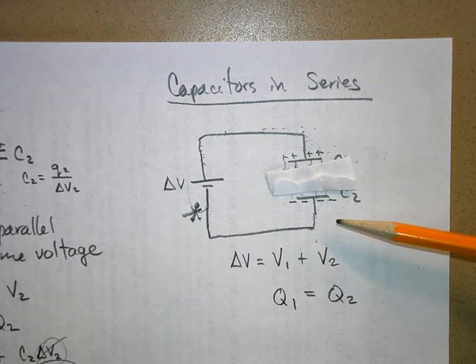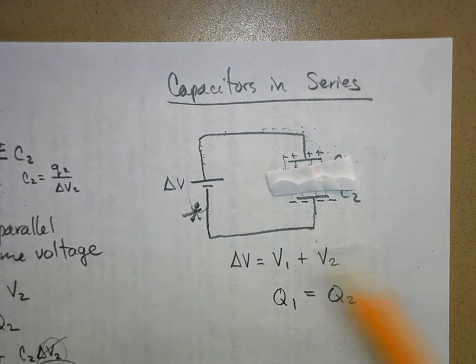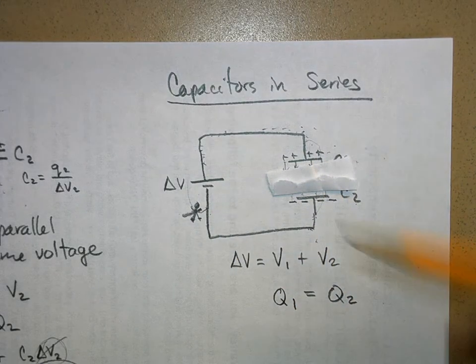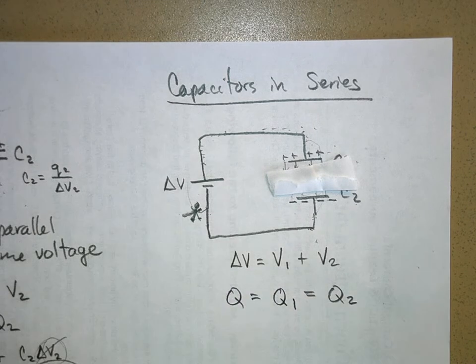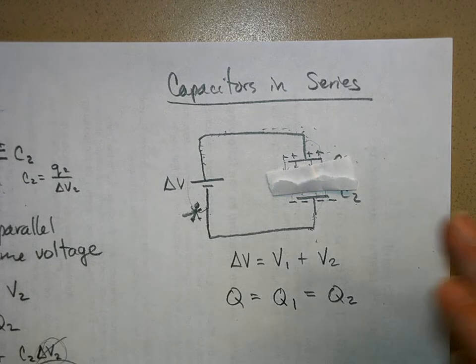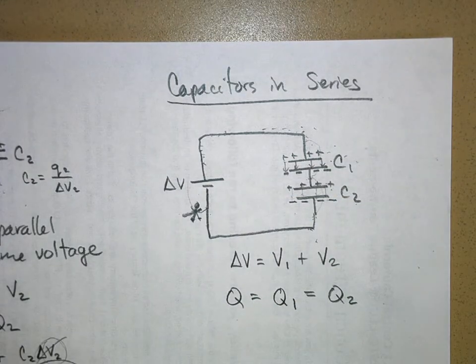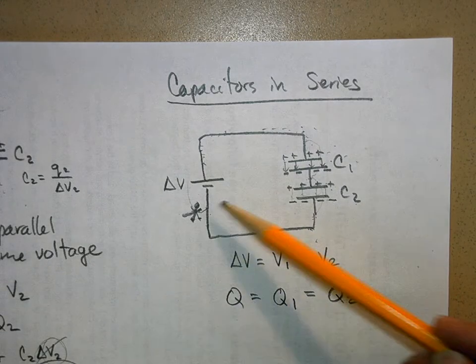There's still 4. So from the battery's point of view, there's only 4 units of charge stored on this top plate. In other words, capacitors in series have the same charge, and that amount of charge is the charge that we use for the overall capacitance of the circuit.